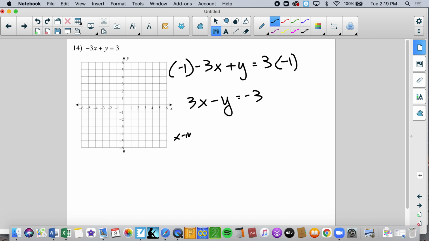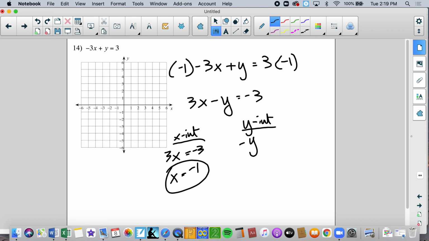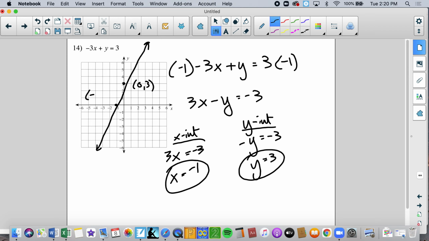My x-intercept is going to be 3x equals -3, or x equals -1. My y-intercept ends up being -y equals -3, or y equals +3. So I have an x-intercept of -1, a y-intercept of 3. I'm going to connect those dots. I have the points 0, 3 and -1, 0.